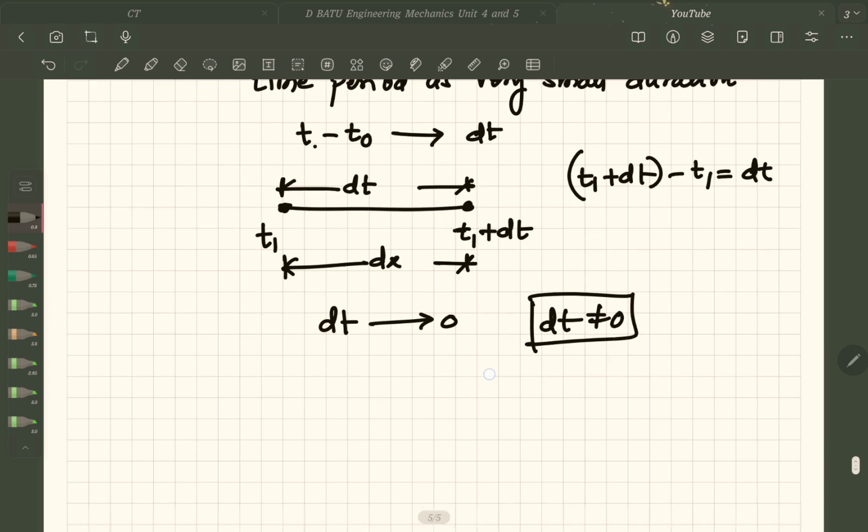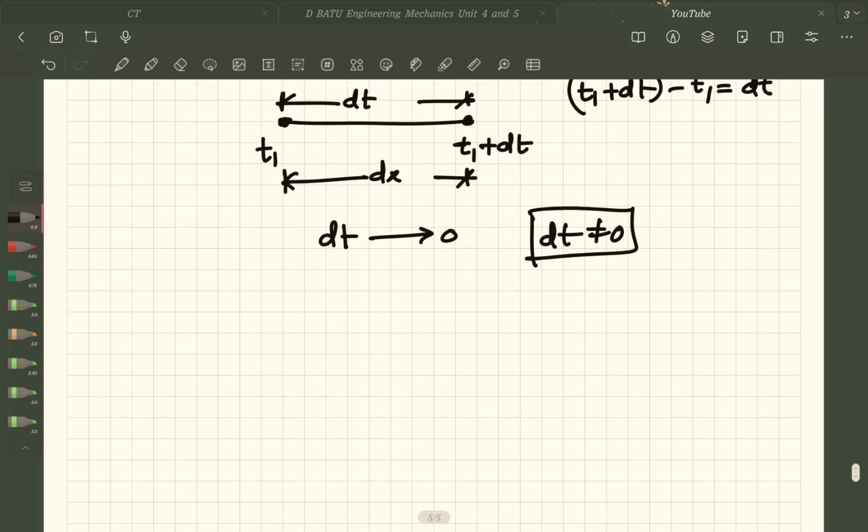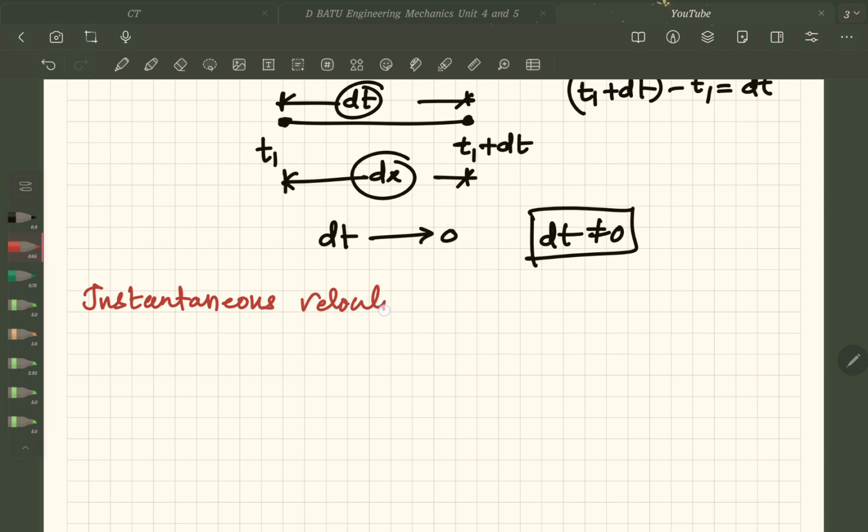In this case, if I find the velocity in this particular distance or time duration, it is called instantaneous velocity, which is generally indicated as v instant.